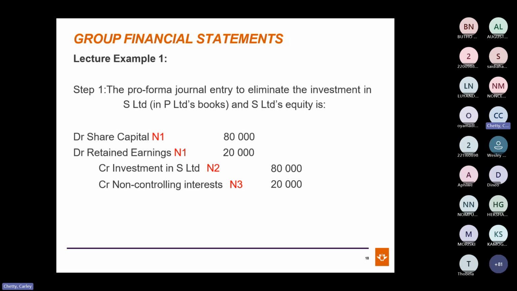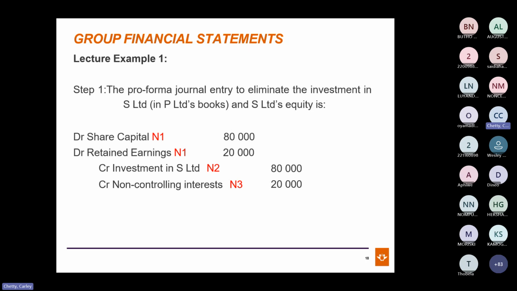Then we are crediting the investment in S. So we are crediting the investment in S Limited with 80,000 Rand. And we are doing this because we need to eliminate the parent's cost of investment in the subsidiary, which is the consideration transferred by the parent to acquire the 80% of the subsidiary's at acquisition equity.